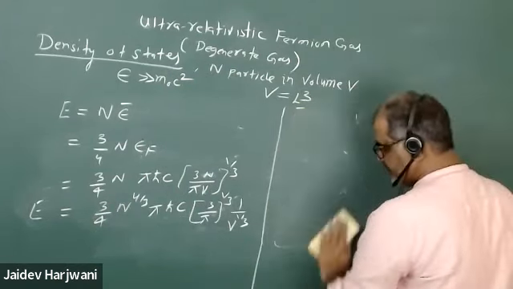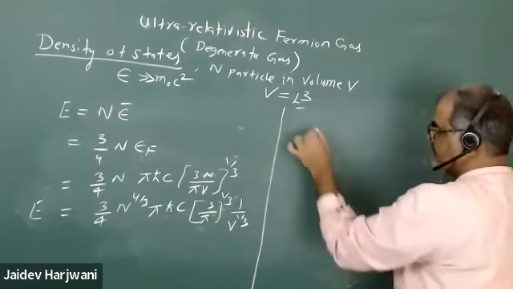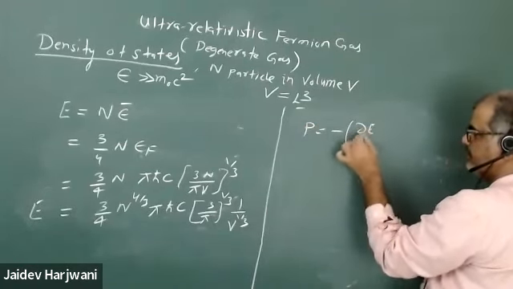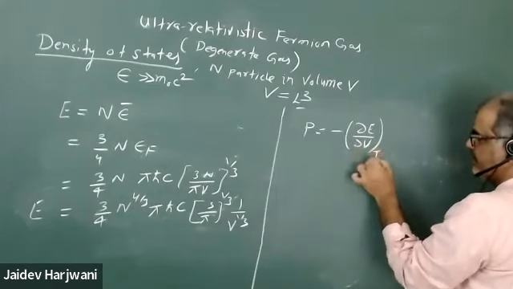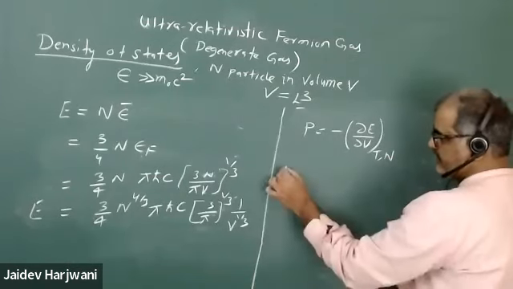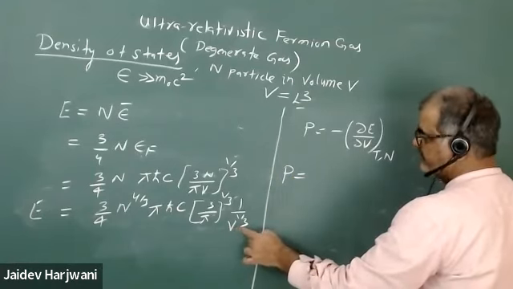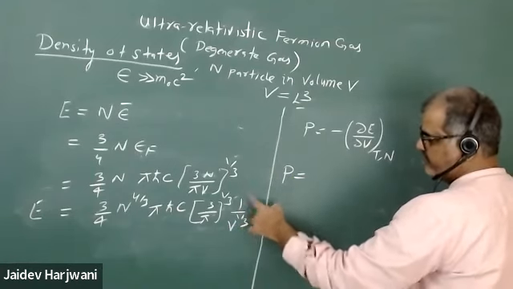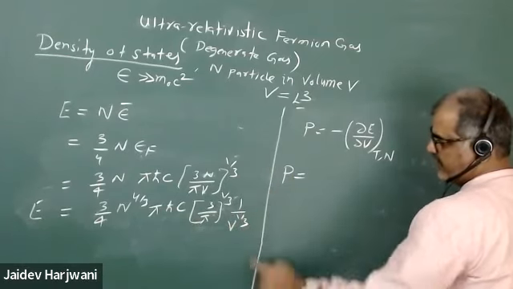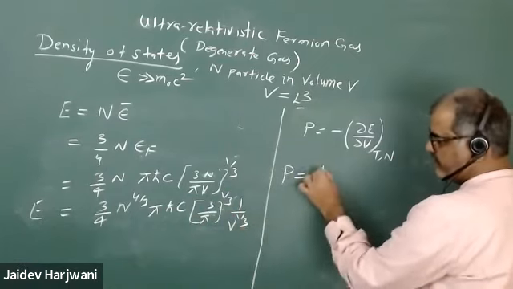Now you know the pressure from thermodynamics. Always you can calculate the pressure of the gas. What is the formula for pressure of gas? Del E upon del V. If you differentiate this energy with respect to volume, V power minus 1/3 becomes V power minus 1/3 minus 1, with a factor of minus 1/3 coming forward. You will get 1/3, so you get 1/4.